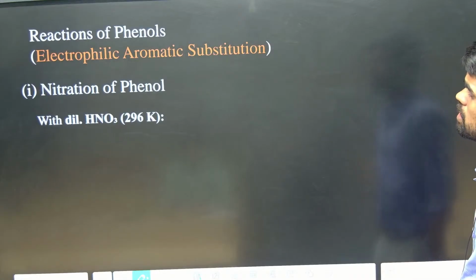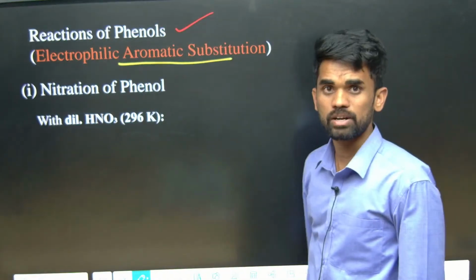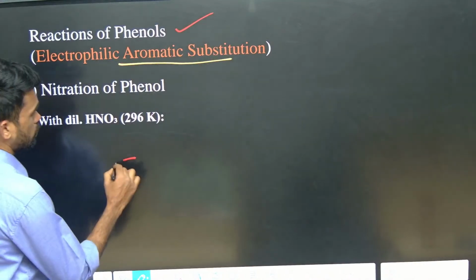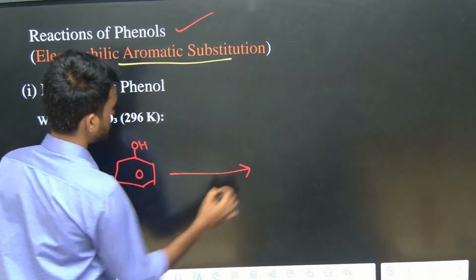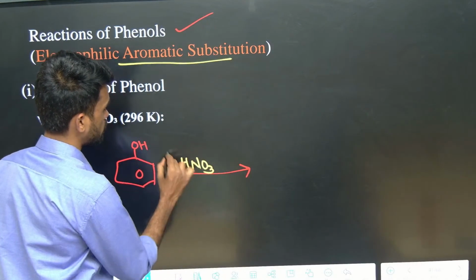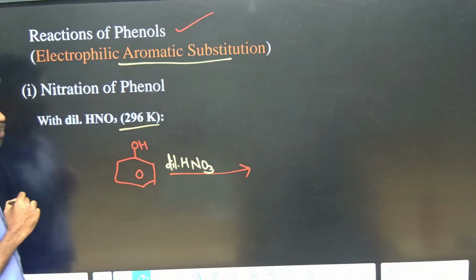What about these reactions of phenols? Phenols will undergo aromatic electrophilic substitution reactions. So you are treating phenol with dilute HNO3 at 298 Kelvin.